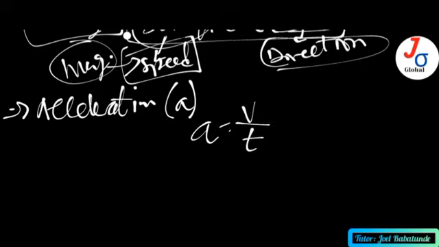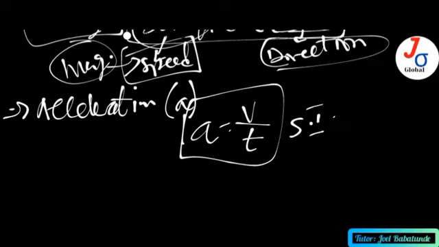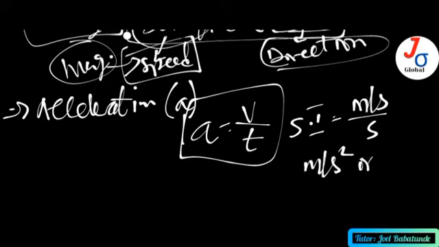So acceleration is velocity over time, and the SI unit is actually meters per second over second, and that's meters per second squared, or I can write it as ms raised to the power of -2, as the case may be. They're the same. All right, good. So these are the parameters that we're going to be using in motion.